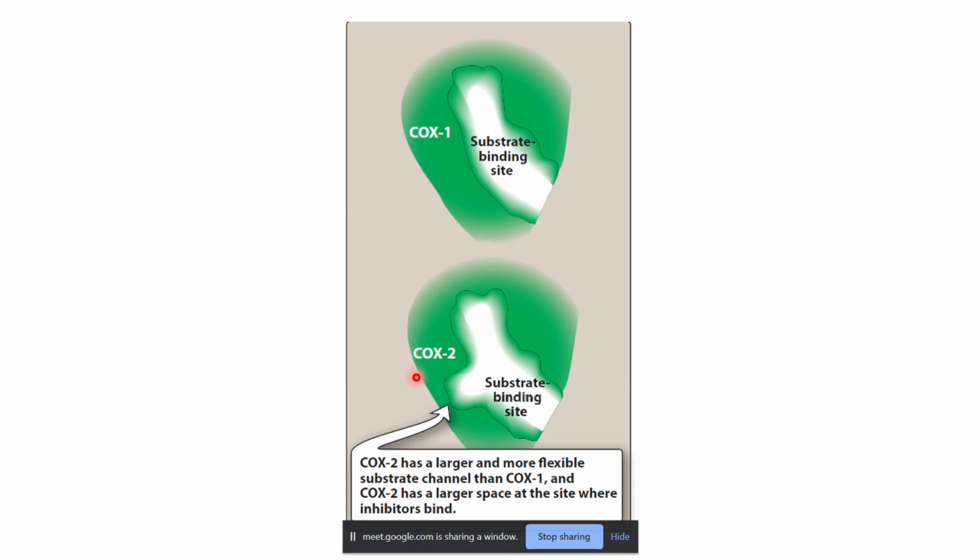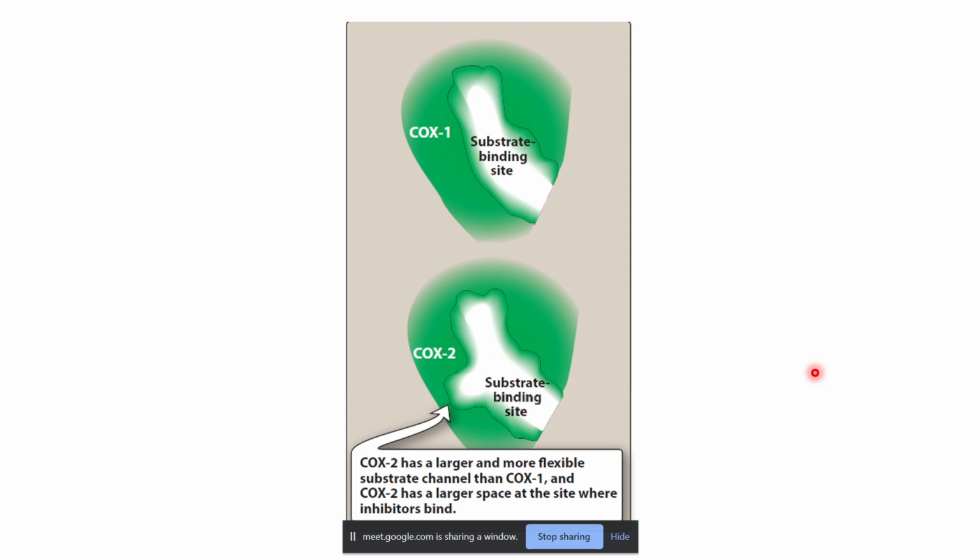So these are the two types of the cyclooxygenase, cyclooxygenase 1 and cyclooxygenase 2. So cyclooxygenase is used for the oxygenase pathway of the arachidonic acid synthesis, and it will produce prostaglandins.